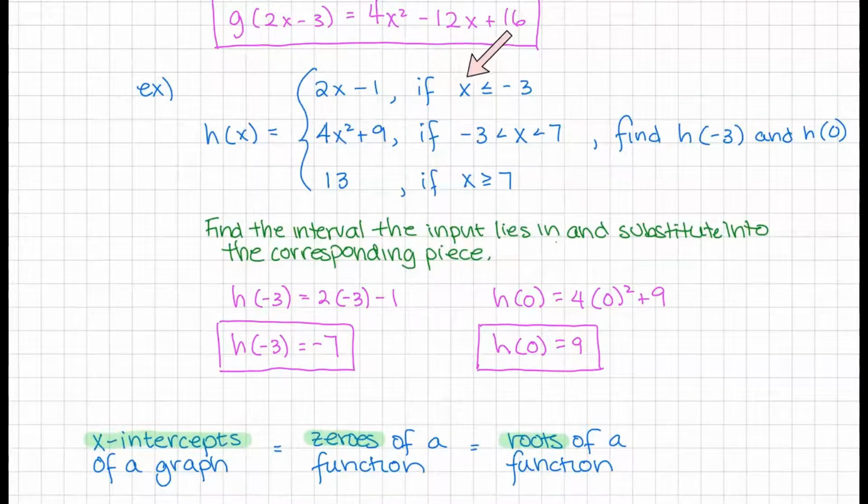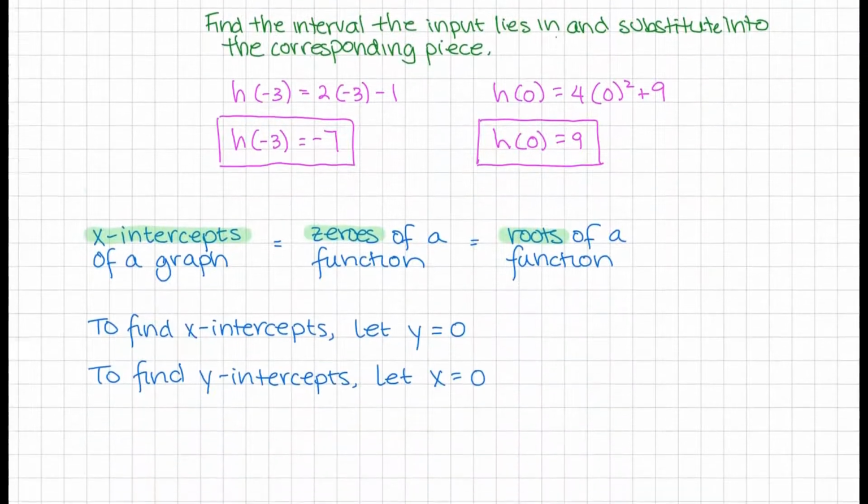So -3 is in this interval. So we're going to evaluate in this piece, we get -7. But if I want to find h of 0, 0 lies in this interval. So I plug it into that x, and I get +9. And that's how you evaluate a piecewise function.